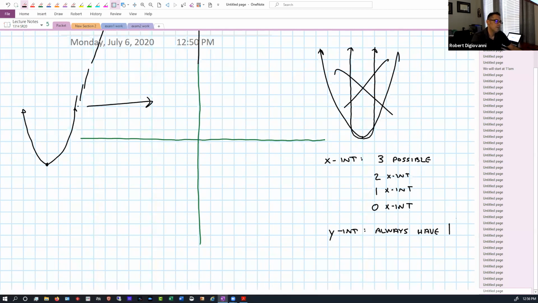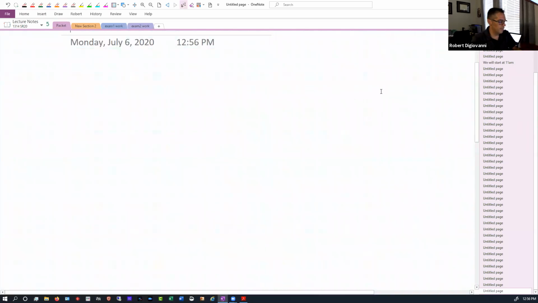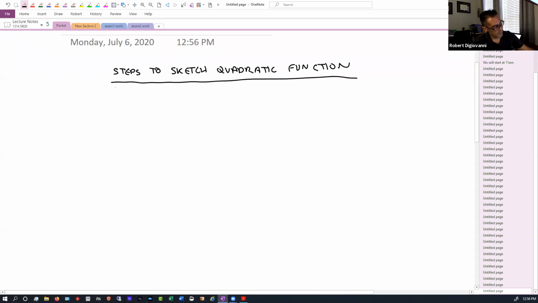Okay, so I'm going to now give you a set of steps on how to sketch a quadratic function. All right, here they are. Steps to sketch a quadratic function. First step: the first thing we're going to do is determine if it opens up or down.